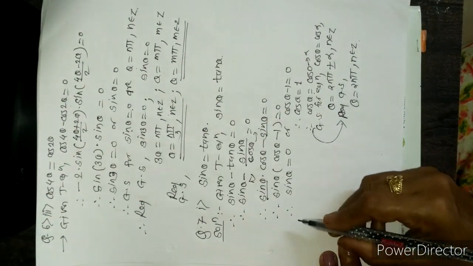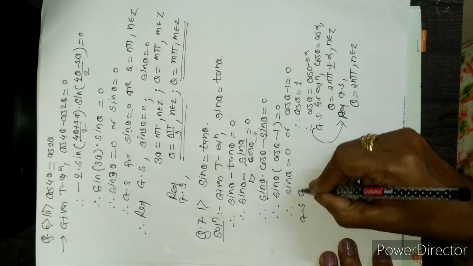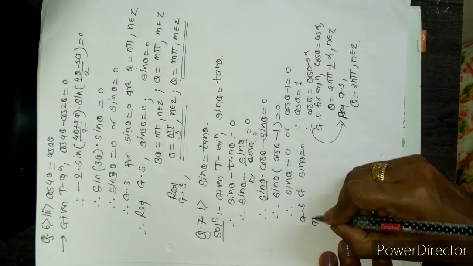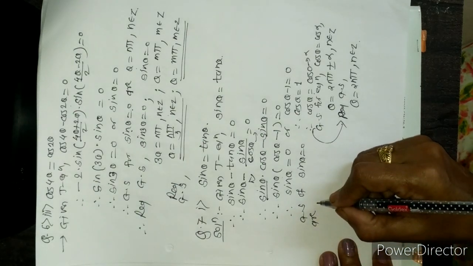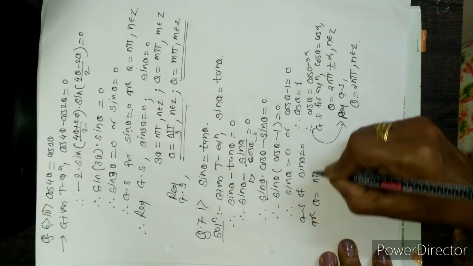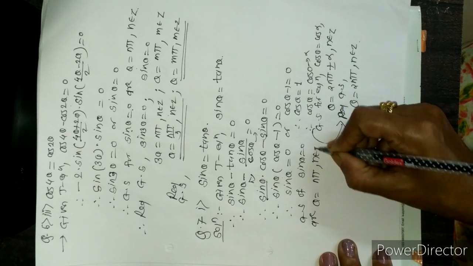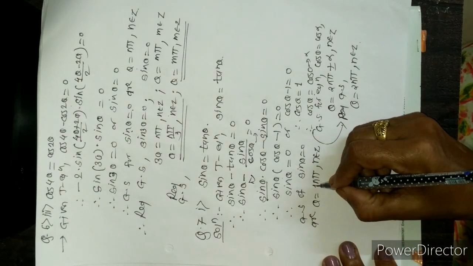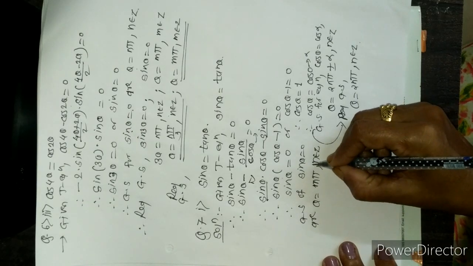Now for the other equation, the general solution of sin theta equal to 0 is theta equal to n pi, where n belongs to Z. We may take another parameter here, instead of n pi we may use m pi.